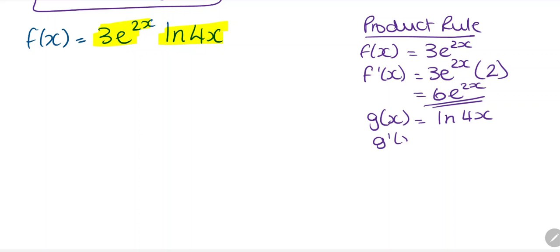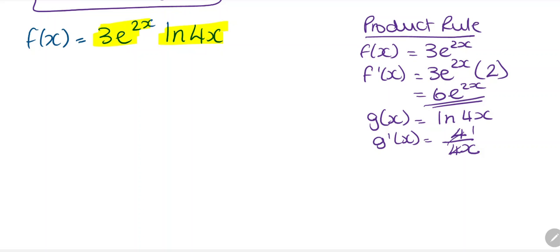For g prime, we take the derivative, so we have 1 multiplied by the derivative, which is 4, divided by our term of 4x. Our x's will cancel, so we're left with 1 over x.